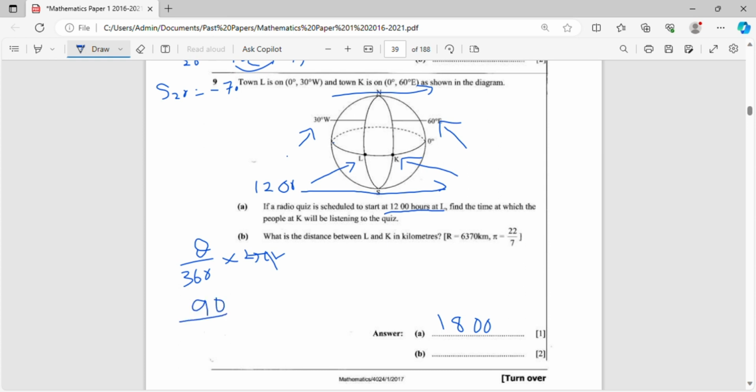So 90 over 360 multiplied by 2 multiplied by, they told us to take pi as 22 over 7, 22 over 7 multiplied by r, which is our radius, and the radius we've been given in kilometers is 6,370.